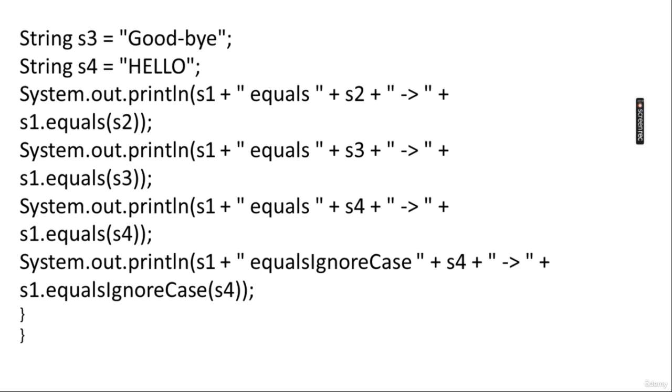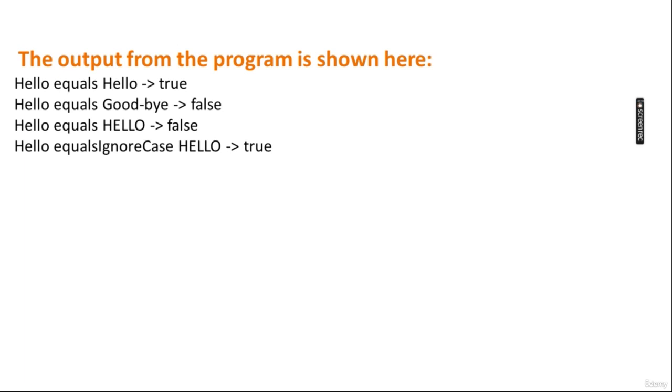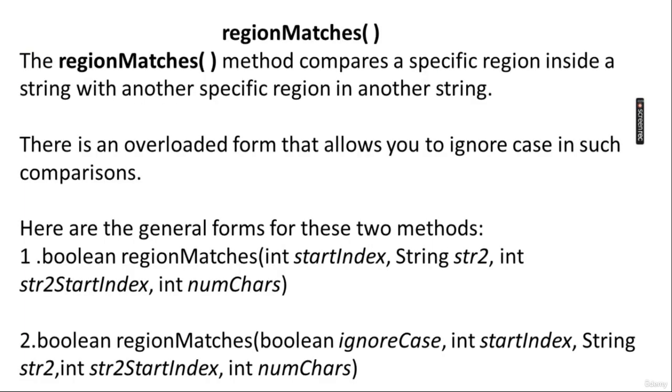And s1 equalsIgnoreCase s4, it is not an exact match, but the number of characters and character sequence are the same, hello, so it will give you true. Output is: first is true, second is false, third is false, and fourth is true.